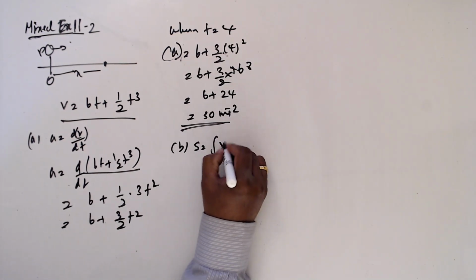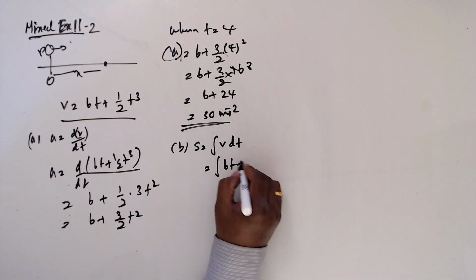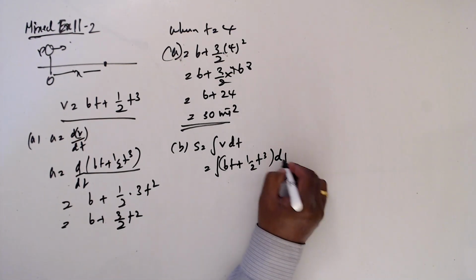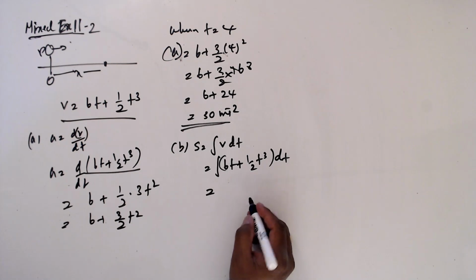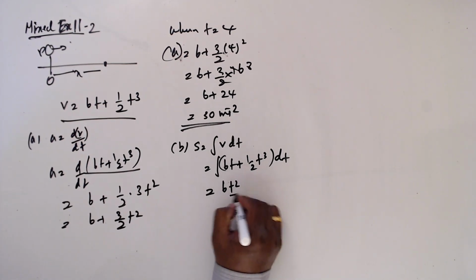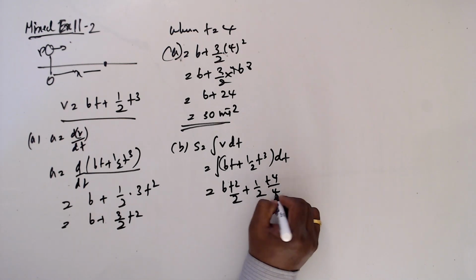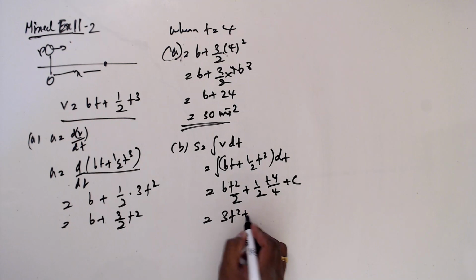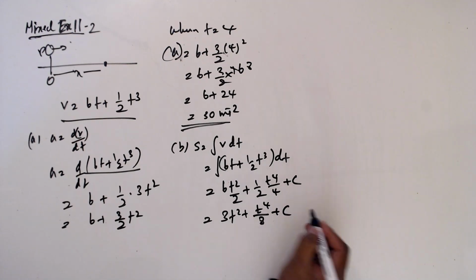S, when we integrate 60 plus half a t cube dt, we will get 6t square over 2 plus half a t to the 4 over 4 plus c. So 3t square plus t to the 4 over 8 plus c.